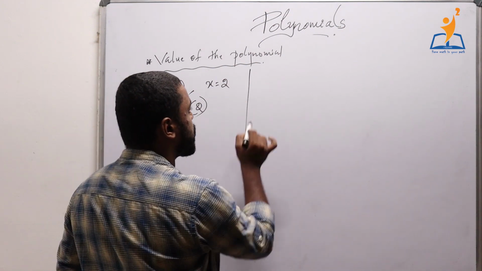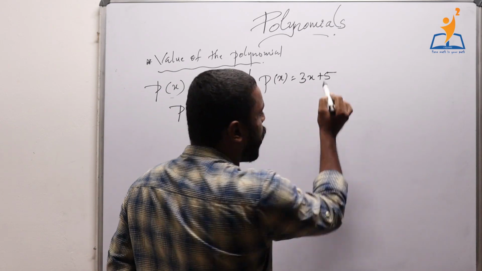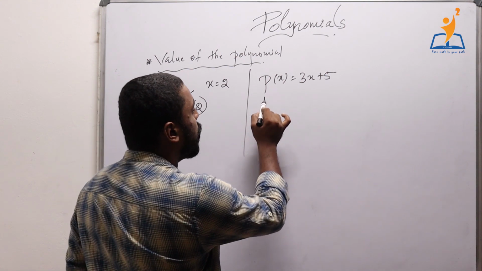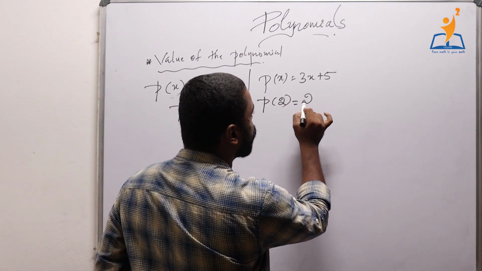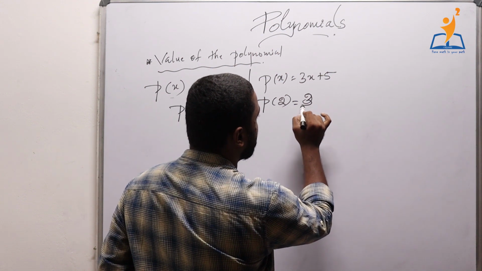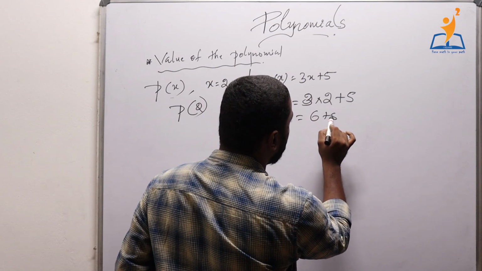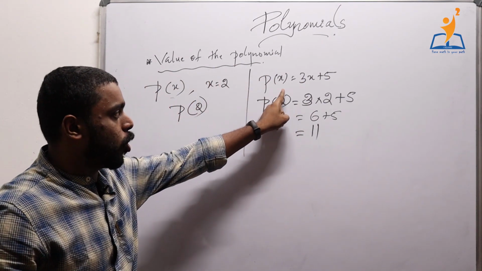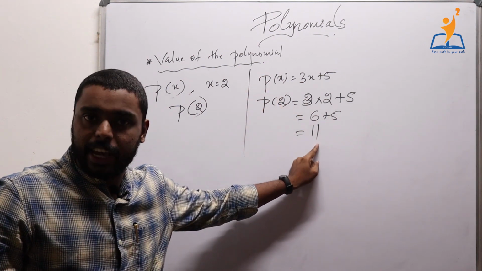Suppose that p of x is equal to 3x plus 5. Then p of 2 is equal to 3 into 2 plus 5, which is equal to 6 plus 5 equal to 11. That is, the value of the polynomial at the point 2 is equal to 11.